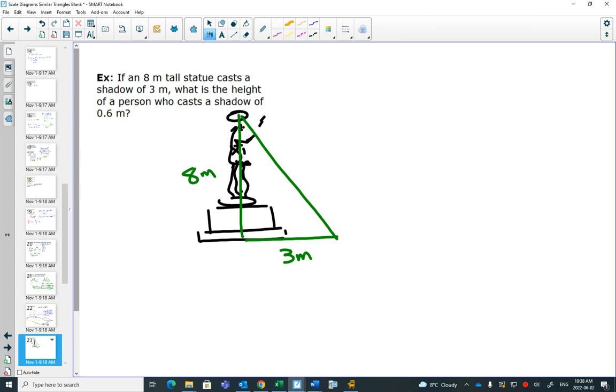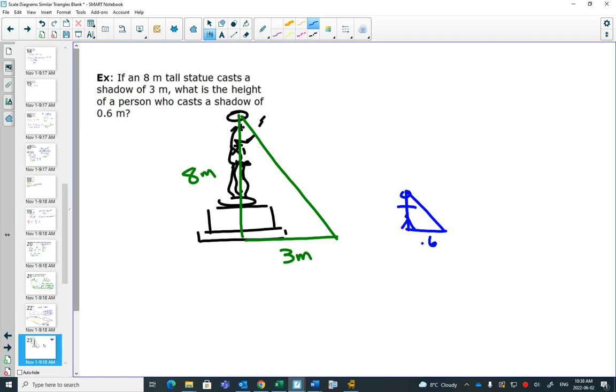Does that make sense? Just draw a stick figure on a podium. What is the height of a person who casts a shadow 0.6 meters long? Oh, it's a triangle.